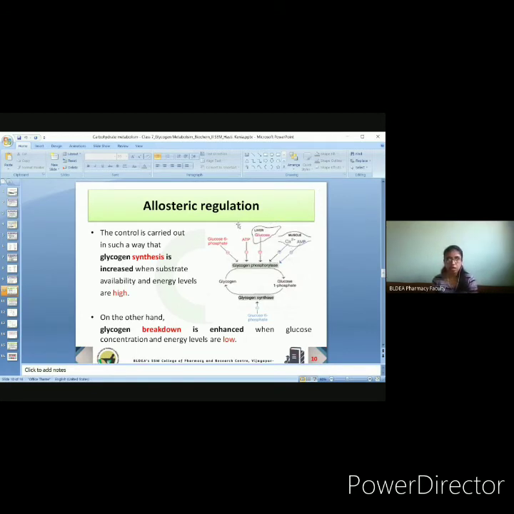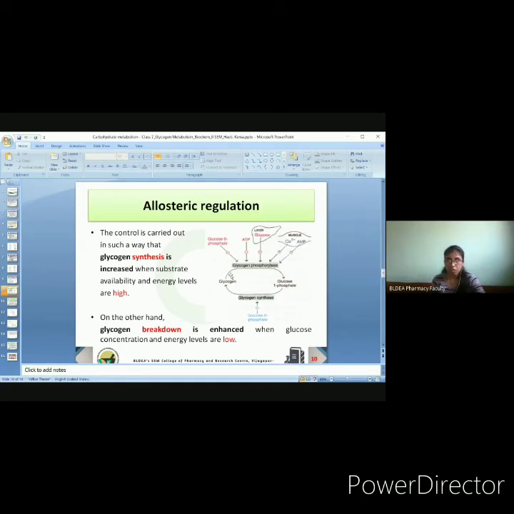Now you can see in this image that glycogen is being converted into glucose 1-phosphate. Means there is a degradation of glycogen. The important degradative enzyme is glycogen phosphorylase. Now glycogen phosphorylase will be inhibited when glucose 6-phosphate concentration is high, or ATP molecules are high, or in the liver the free glucose concentration is high.